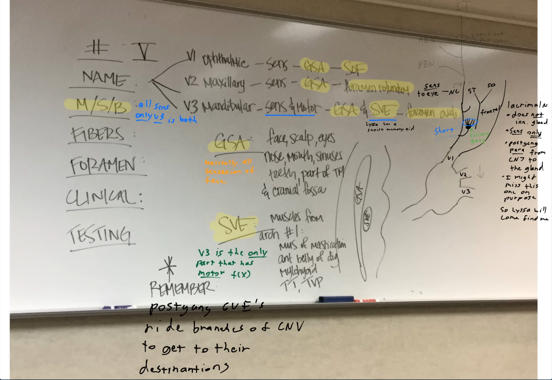Long ciliary come off the ganglia as well? Nope, long ciliary comes off the nasociliary. Don't get too caught up in the semantics of what's branching where. They're not going to make you draw it on the test. You just have to know where they're coming from. You don't have to know that it comes three-quarters of the way up on the anterior medial aspect. They don't have to know that.